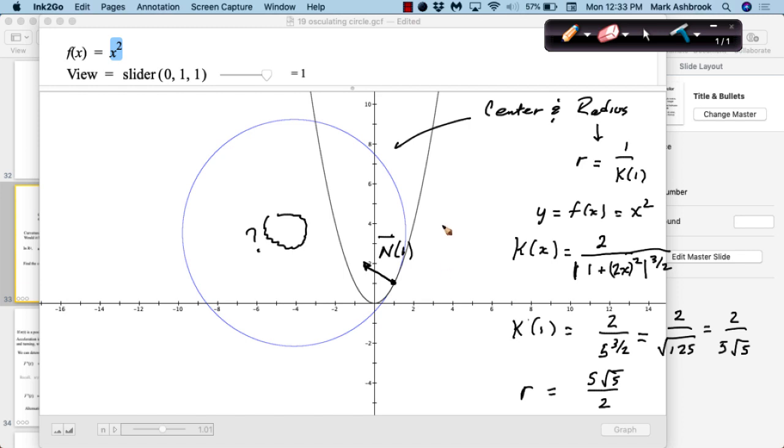First derivative. So first derivative of f is 2x. And we're at 1. First derivative at 1 is 2. Okay, but that's not the tangent vector. What is that? That's the derivative. That's a number, 2. So to get N, don't we need T?